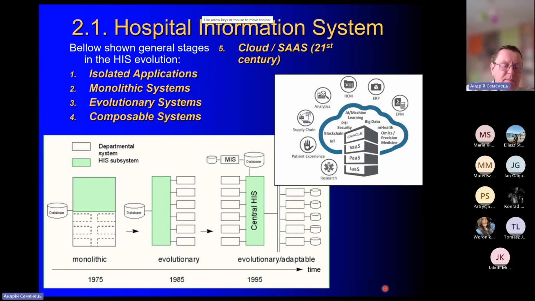history, it more or less started at the same time, the 1960s in the United States, where a few isolated solutions had been created in some prominent hospitals, the largest facilities, to manage patient data. And then we moved from monolithic evolutionary systems to composable systems, which consist of many components, by the end of the 20th century, with the wide introduction of computer networks and microcomputers.